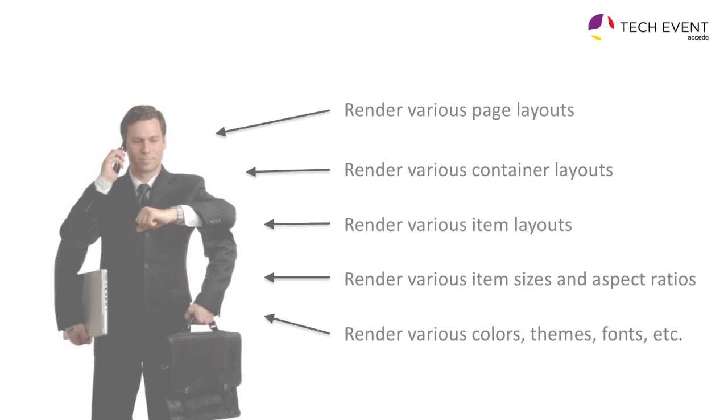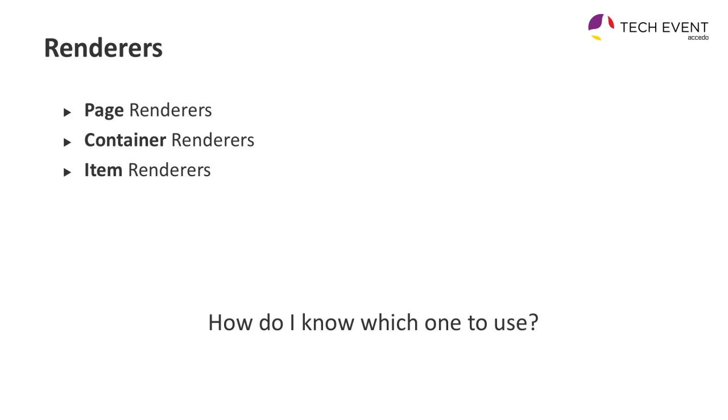Yes, we do. That is what I would like to call a renderer. A renderer is a class, and it is used for rendering only a particular part of the layout. Now, if you remember the template that I just mentioned, we can easily split it into three renderers. We have a page renderer that is only focused on rendering the page, whereas the container renderer renders only the containers, and so forth.